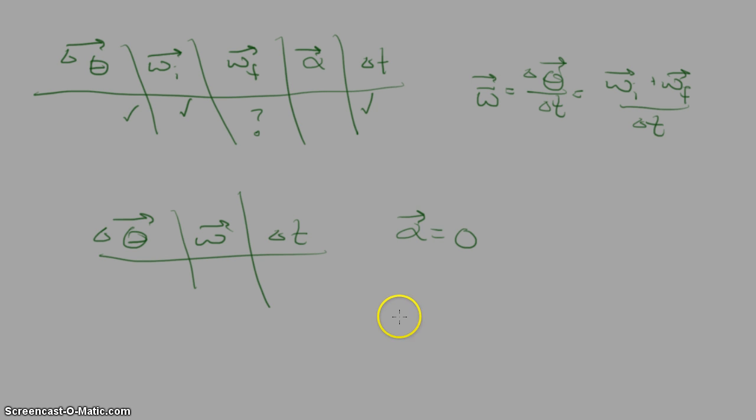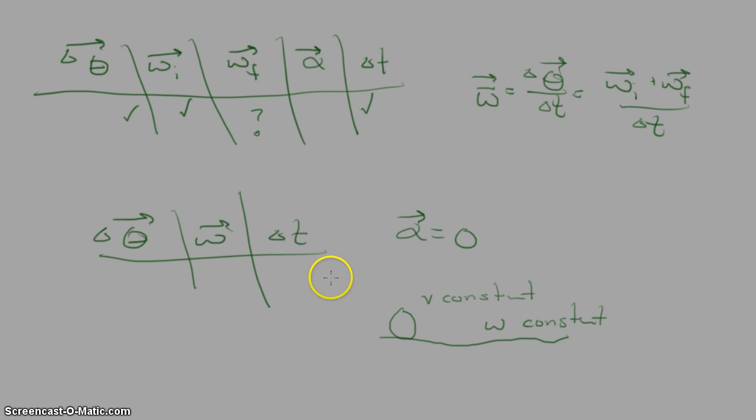Or if a tire was rolling across a flat surface, if its velocity is constant, then its omega would be constant as well, because acceleration would be 0. So that's two different contexts where we might solve a problem, and we use exactly the same process.